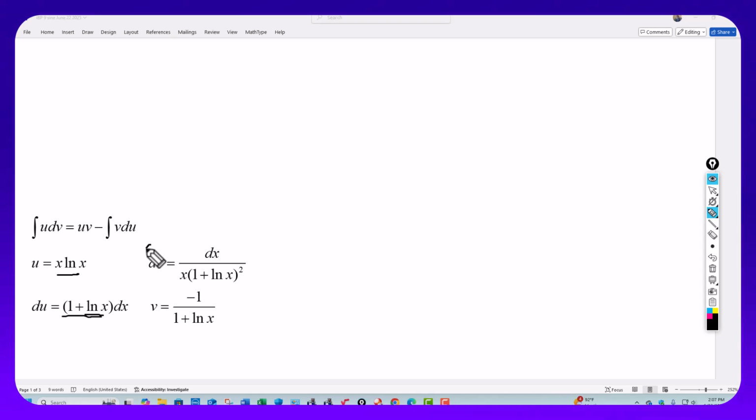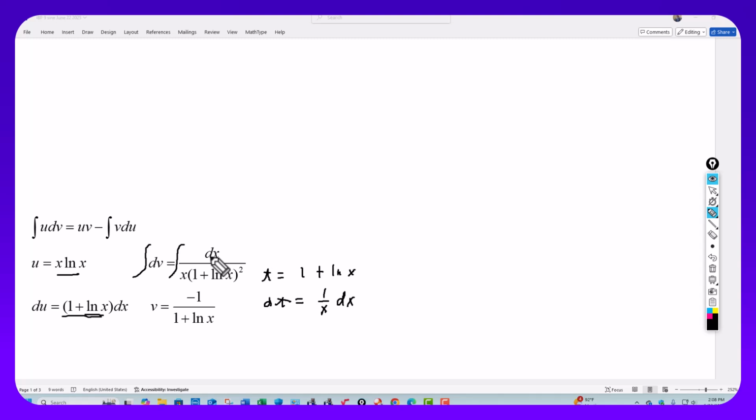So taking the integral with respect to v on the left side, and on the right with respect to x, the integral of dv would be v. And then on this side, since we already used u, I'll use a t substitution and let t equal 1 plus ln of x. Then dt equals, derivative of 1 is 0, derivative of ln of x is 1 over x dx.